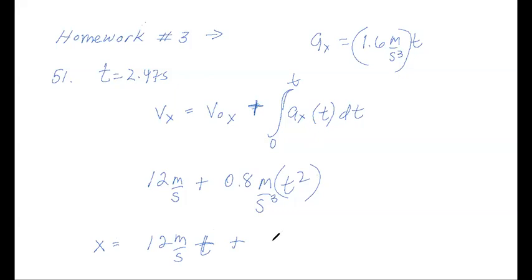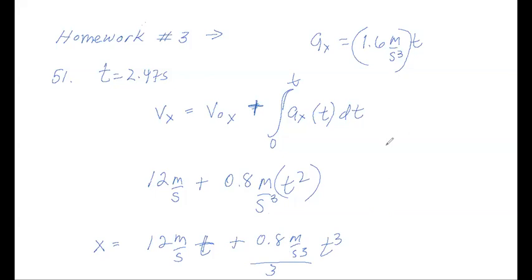All right, in integrating this, that would be 0.8 meters per second cubed divided by 3 times t cubed.